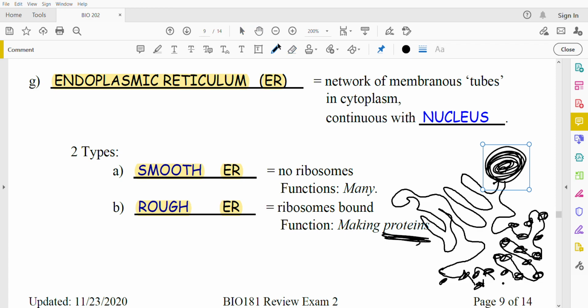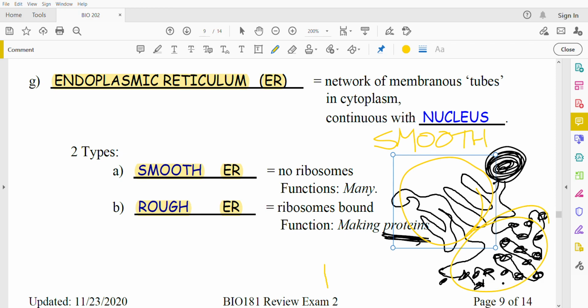So I just want you to be familiar to separate between the smooth and rough ER. So that should be something that I hope you are familiar with. If not, again, refer back to the lecture material.